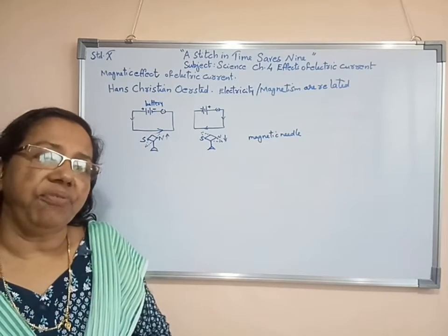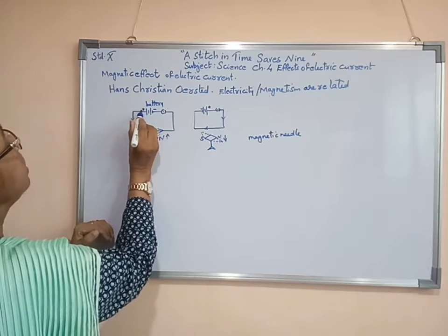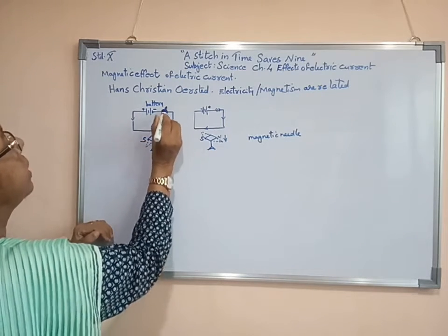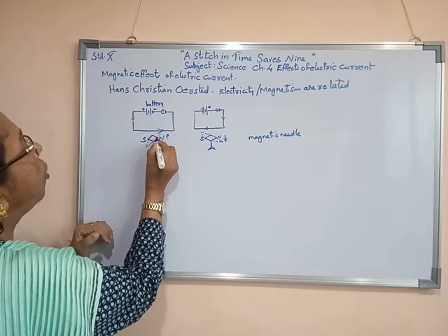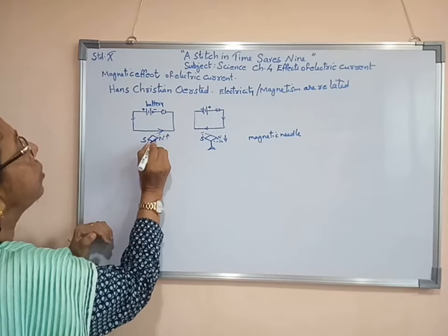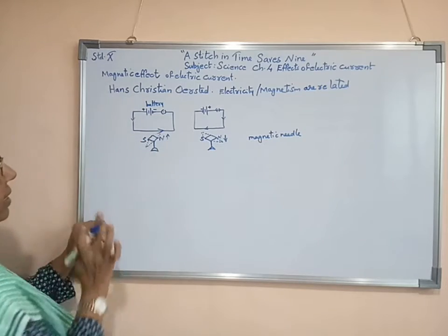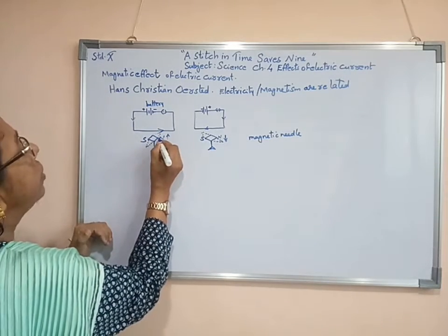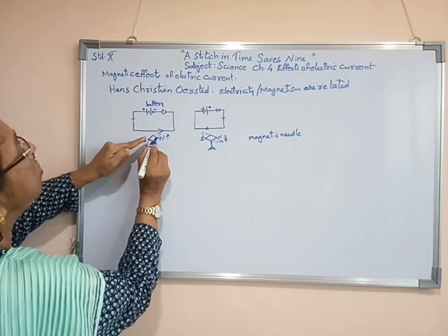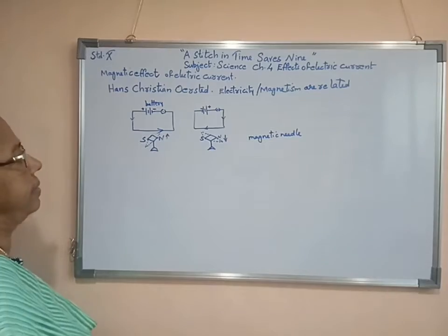In other words, as current flows from the positive terminal to the negative terminal, the magnetic needle deflects towards the direction in which the current is flowing. Here the north pole deflects towards the direction of the current.